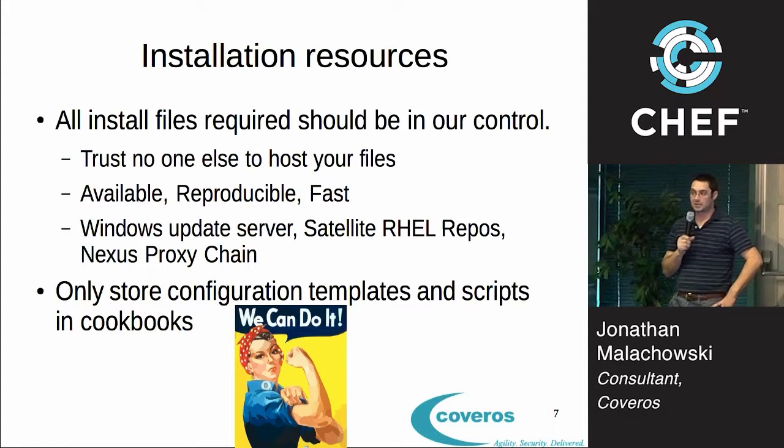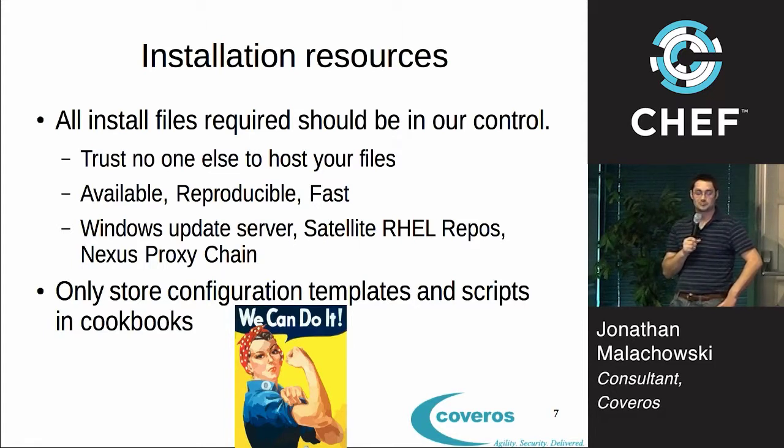So our production servers only get files from 3 different places. They get RPMs from Spacewalk, they get files from the Chef server, and they get artifacts from the Nexus proxy chain. Now, you can put anything in a Chef cookbook if you want to, but we store our Chef cookbooks in Git.